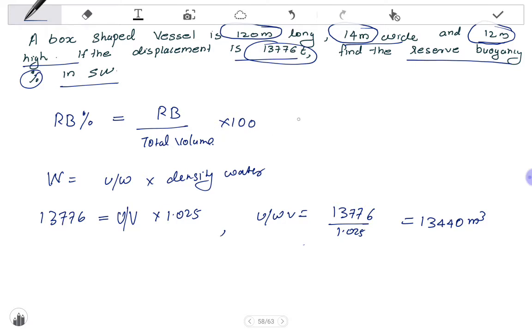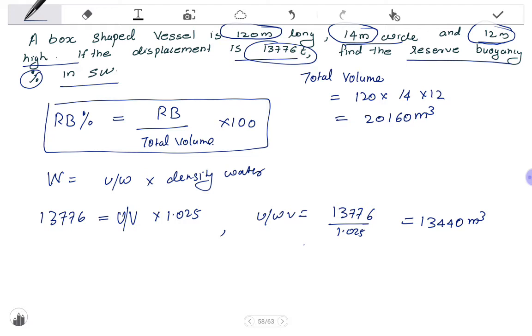So total volume is equal to 120 into 14 into 12, which gives us 20,160 meter cube.